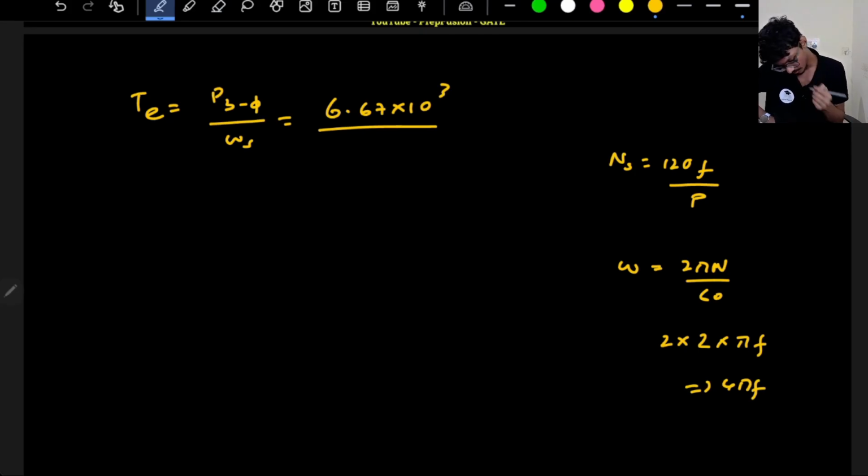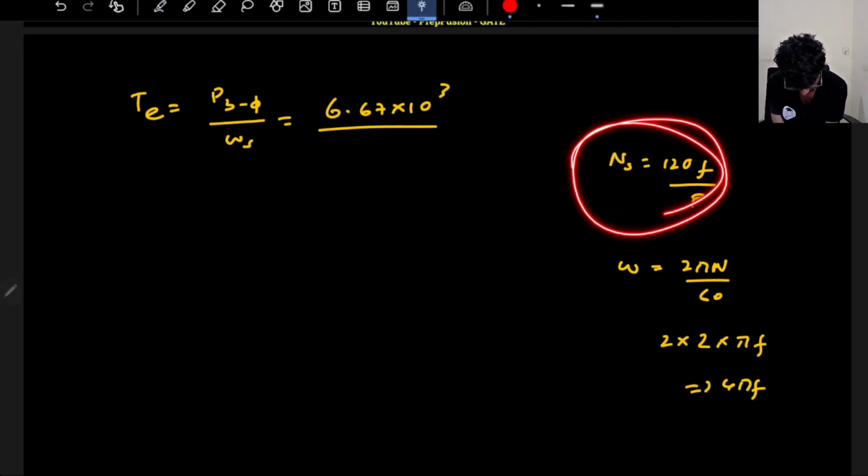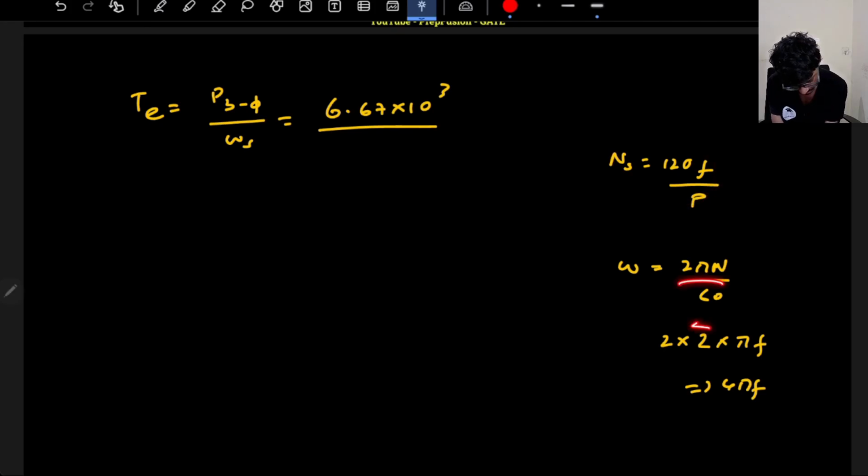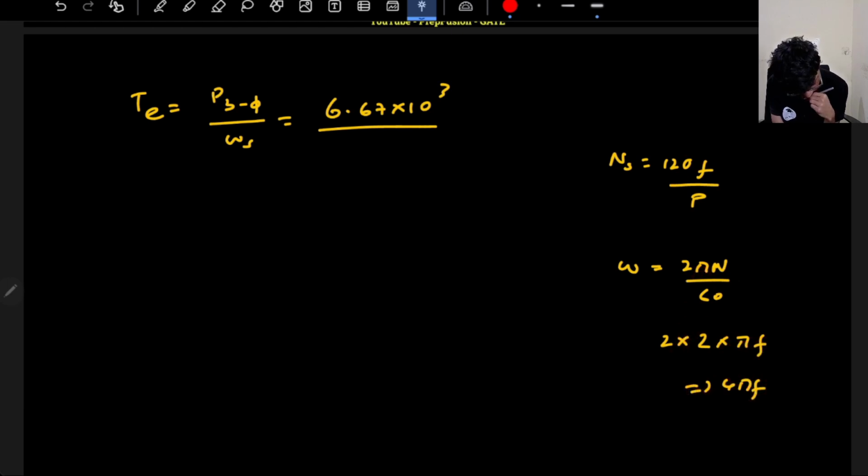Or omega s should be 2 pi F actually. I'm making some mistake here. But this is a mechanical quantity, 2 pi N by 60. If I multiply this, the 60 and 120 cancel, so 2 into 2, 4 pi. Yeah, it is correct only.